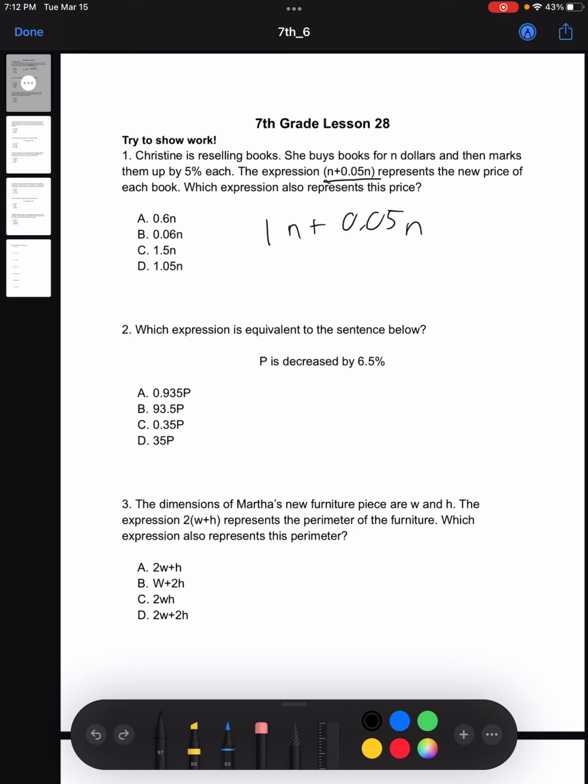To simplify this expression, all we need to do is combine the coefficients together, or just add the two terms together. 1 plus 0.05 gets us 1.05, meaning that this simplifies down to 1.05N. This would then make our answer D.